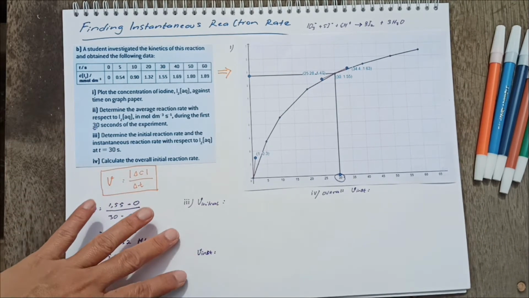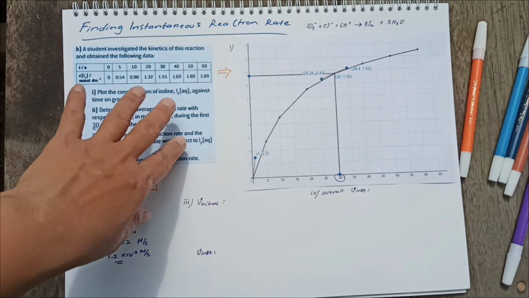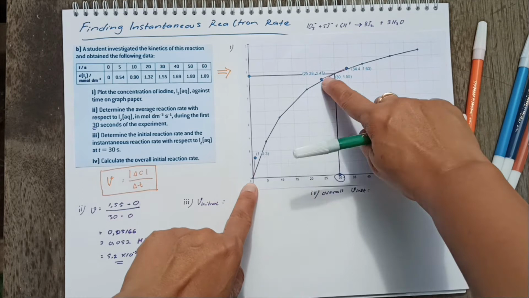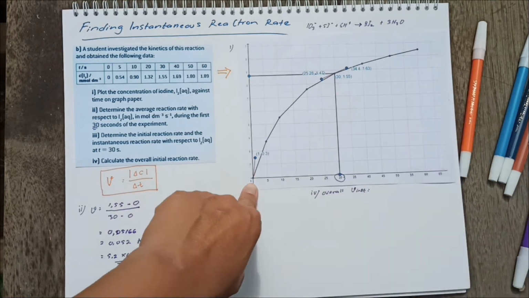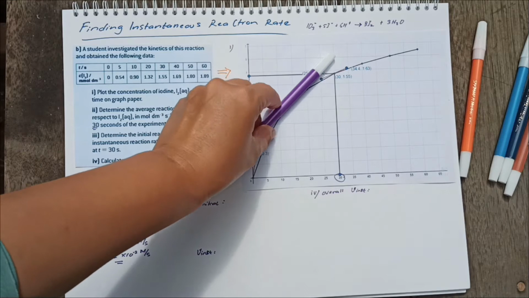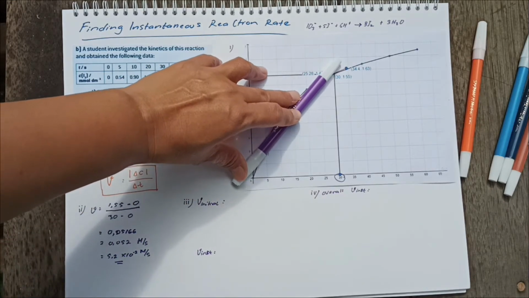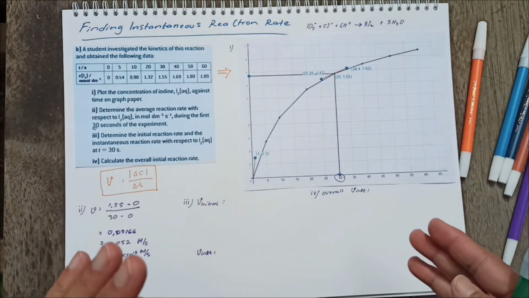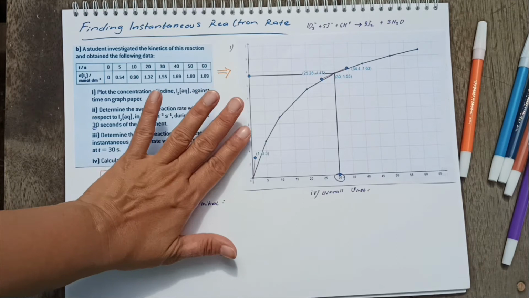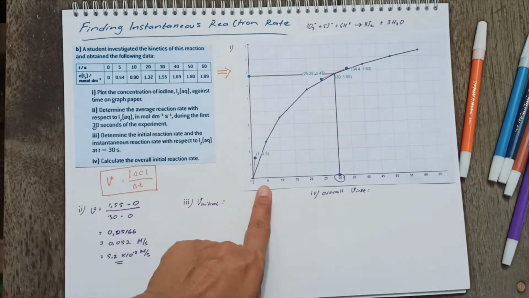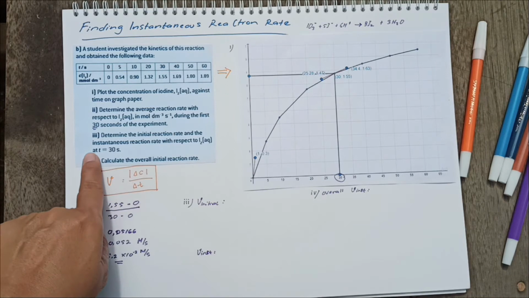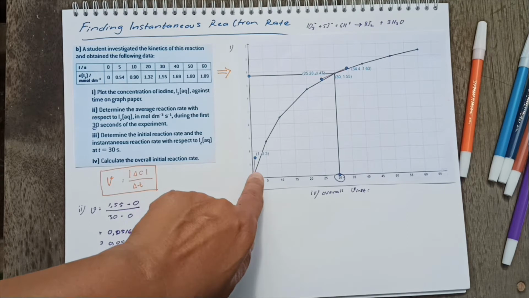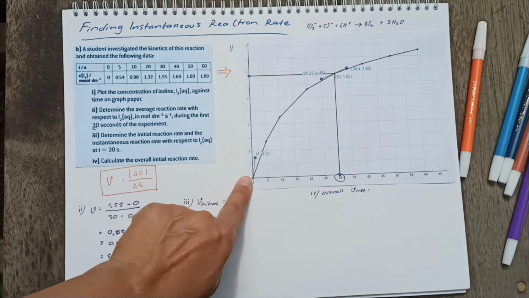Now, to find the initial and the instantaneous, it's like this. This is the average of 0 to 30. Usually when you find the average of something, the graph should be a straight slope like this. However, since a reaction is not going to work at a steady pace of velocity, it's going to be a curve. So the initial and instantaneous rate questions are asking: at that specific moment, what is the velocity?